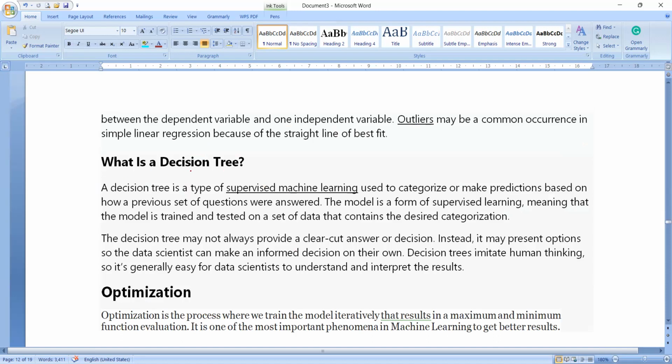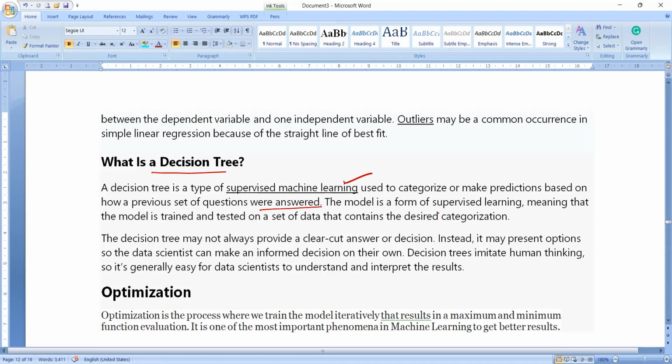Next, what is a decision tree? A decision tree is a type of supervised machine learning used to categorize or make predictions based on how a previous set of questions were answered.